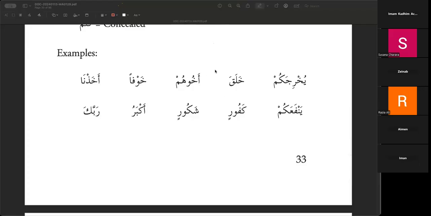Sister Iman, Assalamu alaikum. وعليكم السلام ورحمة الله وبركاته. Please, these 4 words. أخوهم، خوفا، شكورا، أكبر. Thank you.